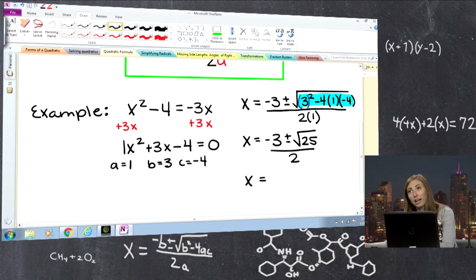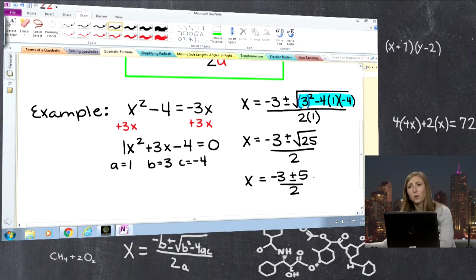The reason I suggest doing the square root second rather than all at once is because if this number ends up negative, you'll just end up with an error. I really like my students to see that it's a negative number and that's why they're getting an error. So I always suggest do underneath first and then do the square root. So we'll do our square root of 25, which is 5, all over 2.